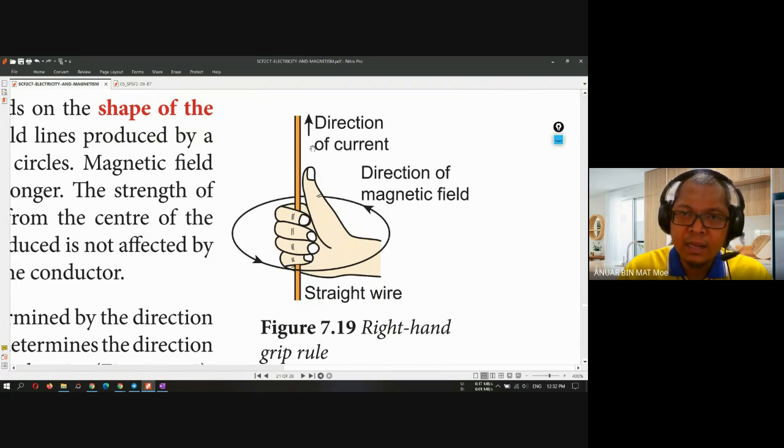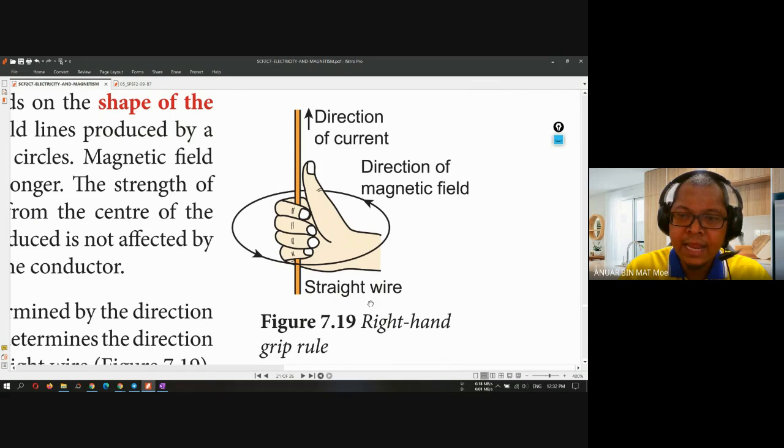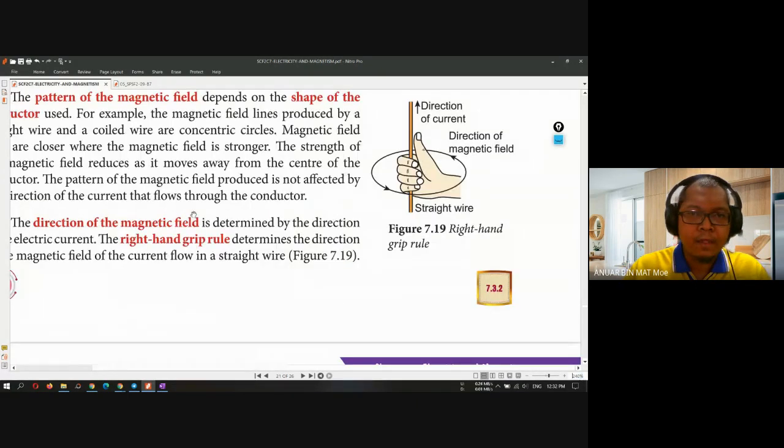If the current goes up, thumb up, and the rest of your fingers curl around the copper wire like this. This is how you determine the magnetic field line of an electromagnet. Okay, class?